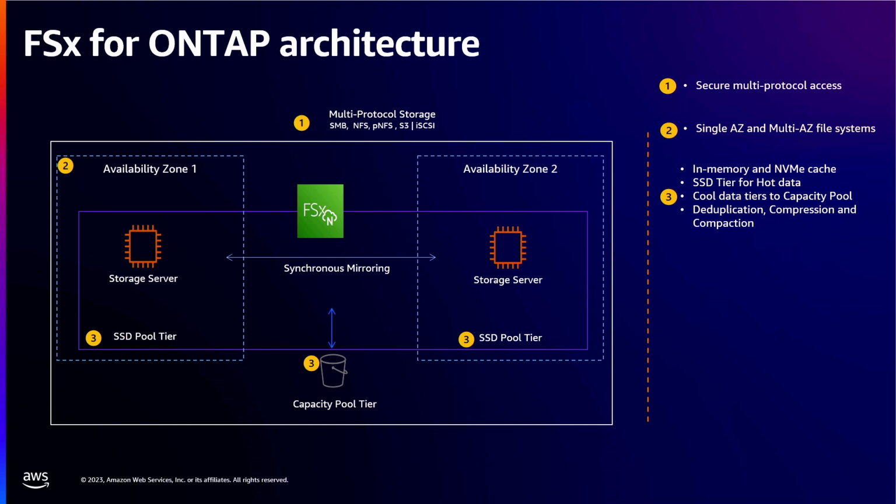And what FSx ONTAP does is it has a very transparent tiering technology where the inactive blocks of the data, based on the policies that you pick, based on the workload requirements, are tiered to a lower cost capacity pool. And not only that, as the data is coming in or as data is at rest, we ensure to compress, dedupe, and use compaction to really reduce the footprint of the data so that you are maximizing the return of every penny that you're paying to store that data.